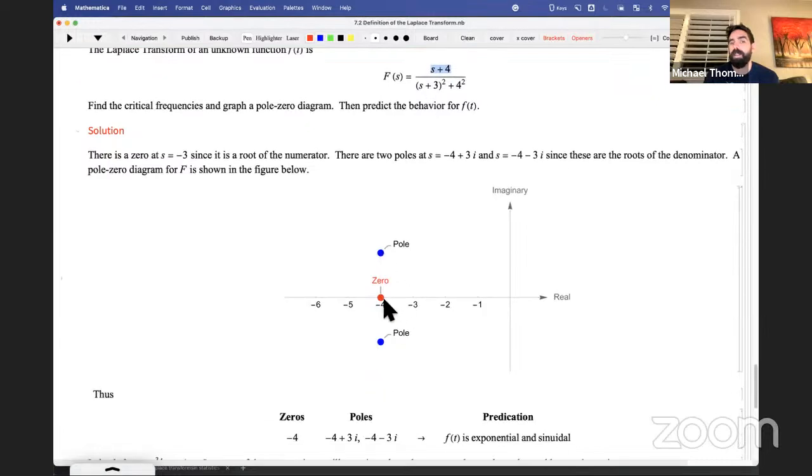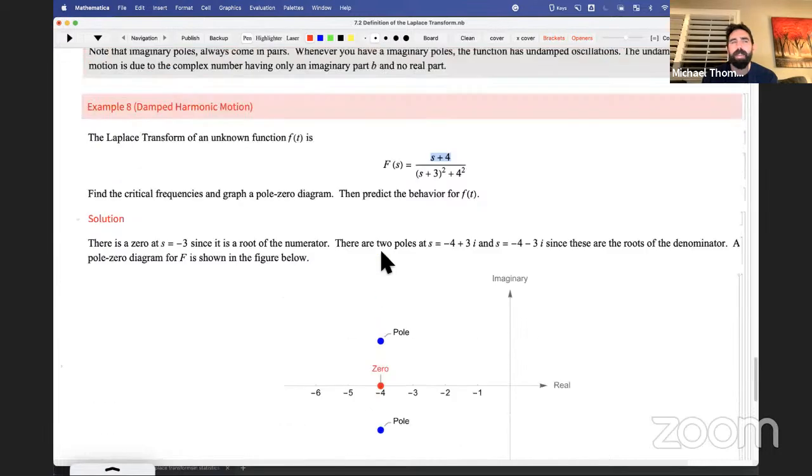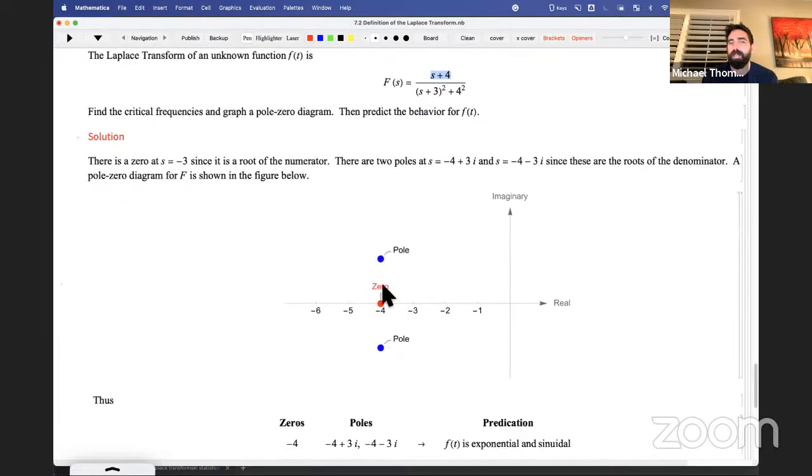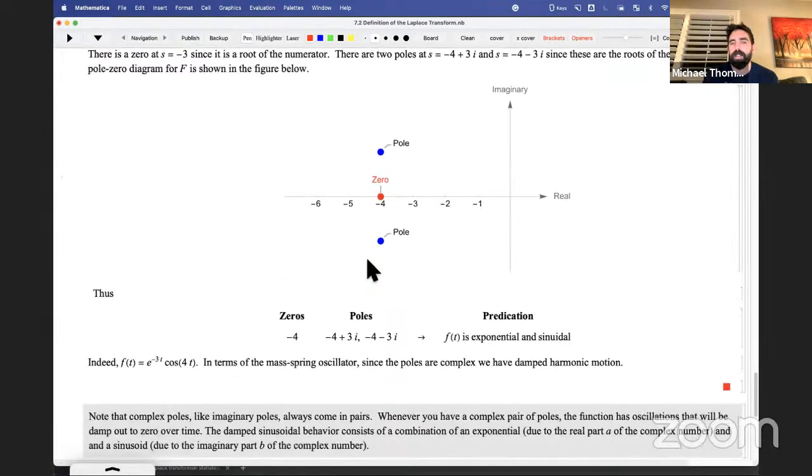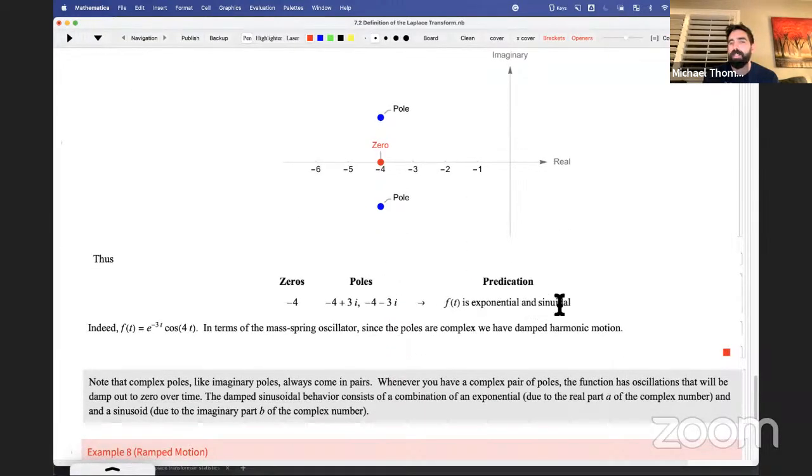So this one's interesting because it's got the damping because it's got a zero on the real axis. We didn't really talk about zeros too much, but it's got poles in the complex plane off the axis. So we have exponential and sinusoidal. So this is damped, or what would I say, underdamped, really.